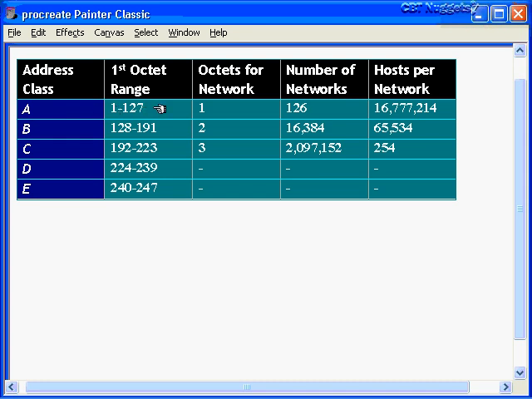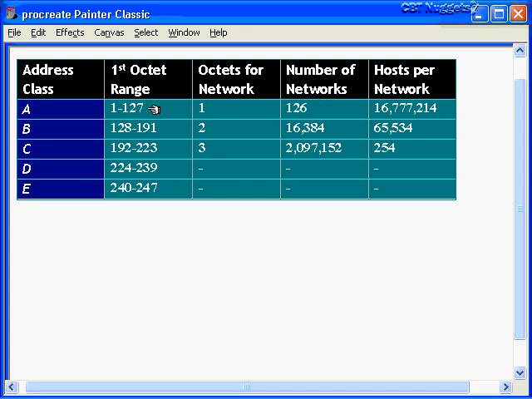So if the first octet is a decimal between 1 and 127, then it's a Class A address. As a matter of fact, it's going to be between 1 and 126. Technically, this says 127, but notice here it says the number of networks is 126. Why is one of them left out?